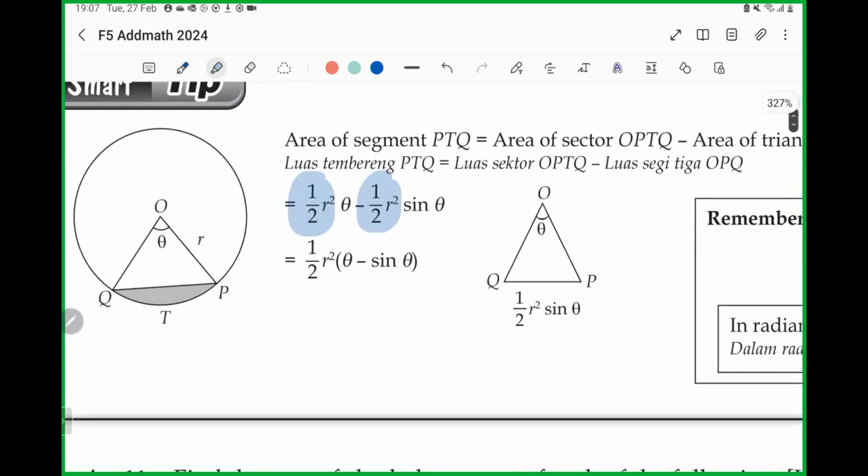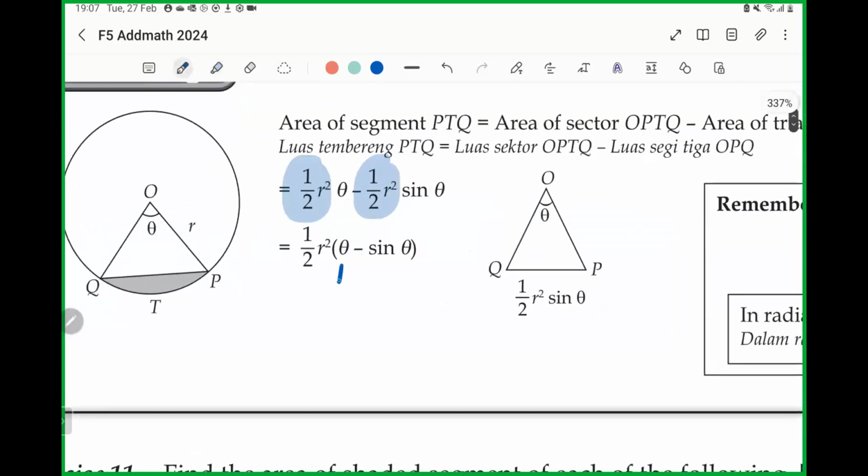Okay, but be very careful here. This theta is actually radian. This theta is actually degree, if your calculator is set to degree. It's like 1 over 2 AB sine C, because AB is the two sides. So the A and B is actually R. 1 over 2 R times radius, then sine theta.